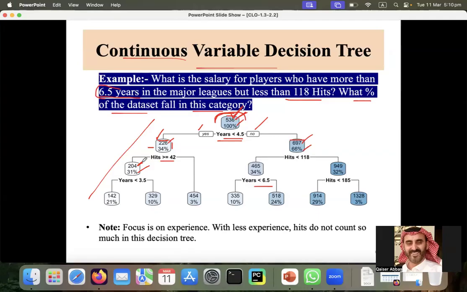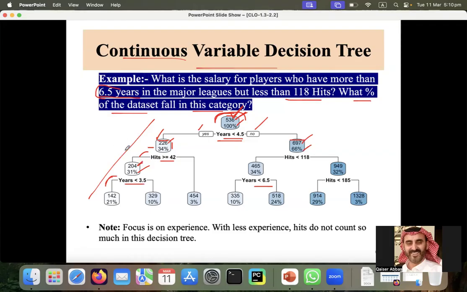And then again, here we are checking if years are less than 3.5. If hits are greater than 42, but years are still less, what are we going to say? Whatever the hits you have, if your experience is low, your salary is low.